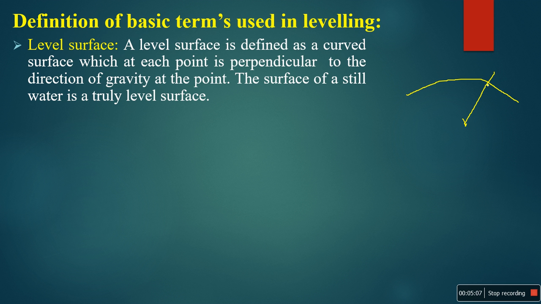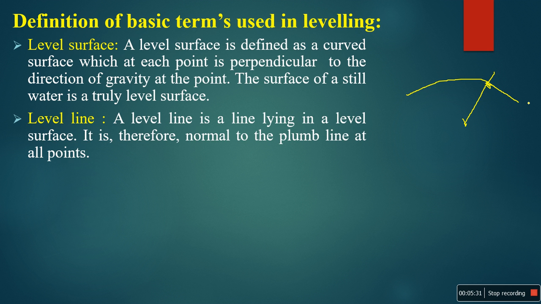For example, if you consider this is a point A, it is exactly perpendicular to the direction of gravity at that point, and this surface is called a level surface.